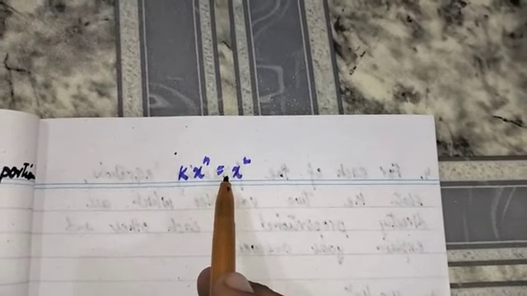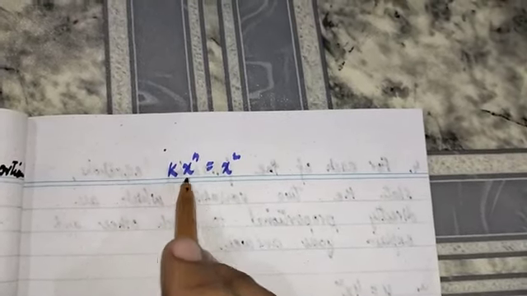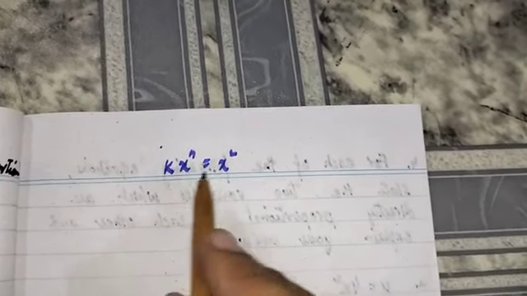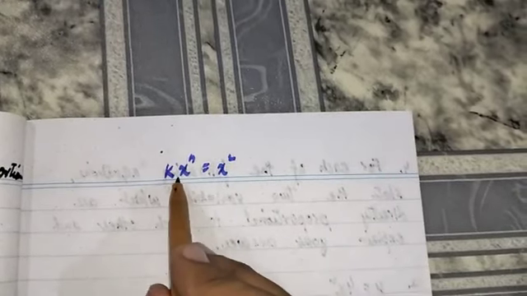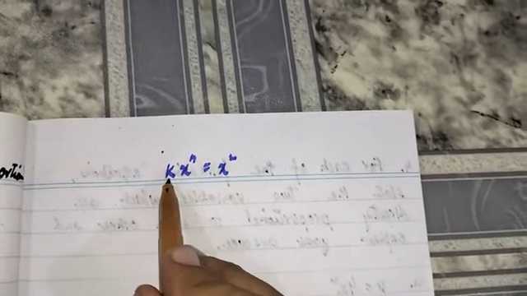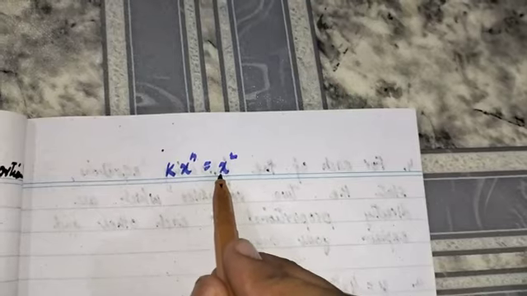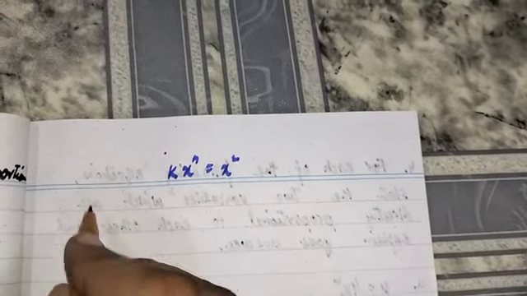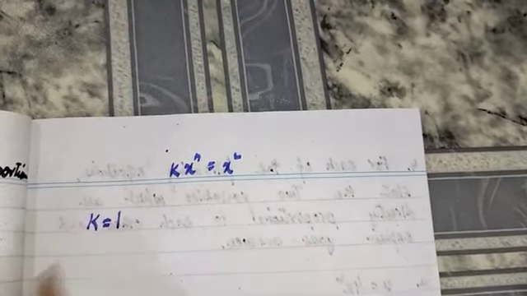If there is no constant, it means the coefficient of x square is 1. Since both sides are equal, and x power n has coefficient k while here the coefficient is 1, it means that k is equal to 1.